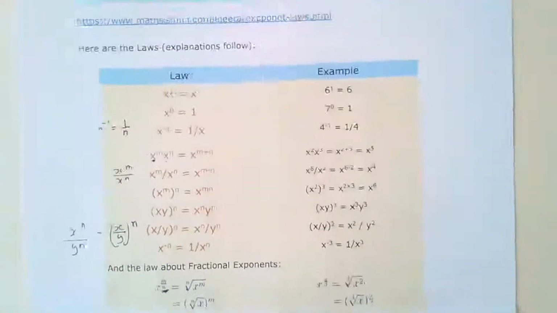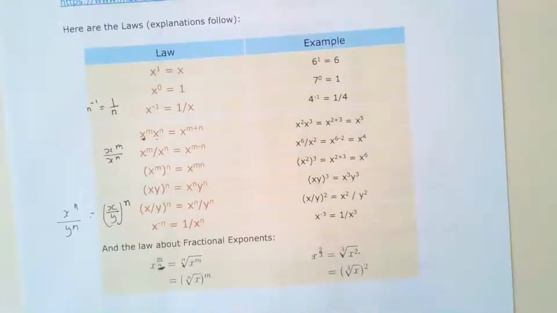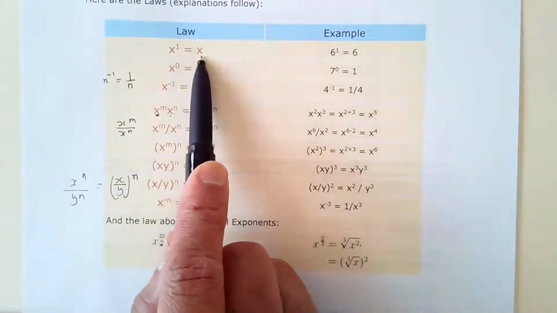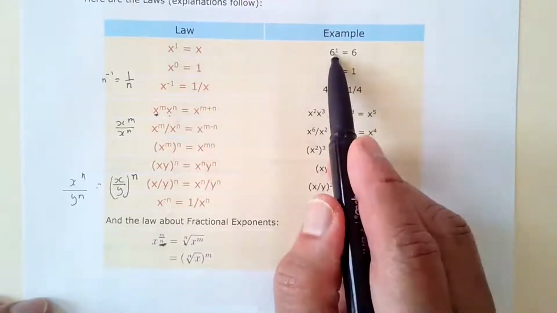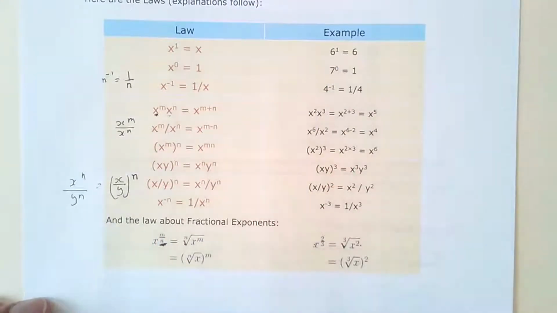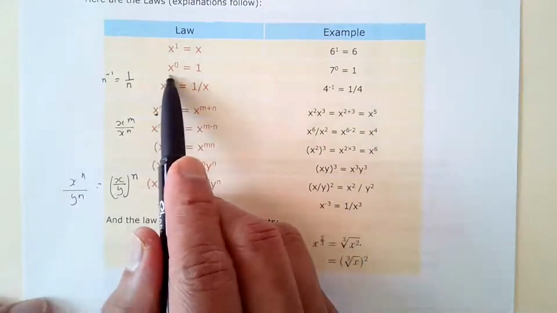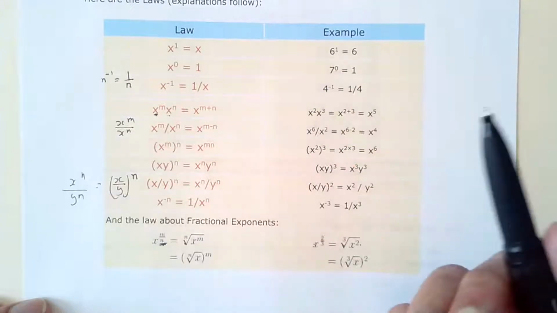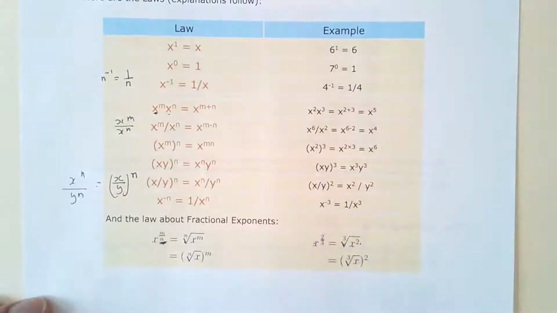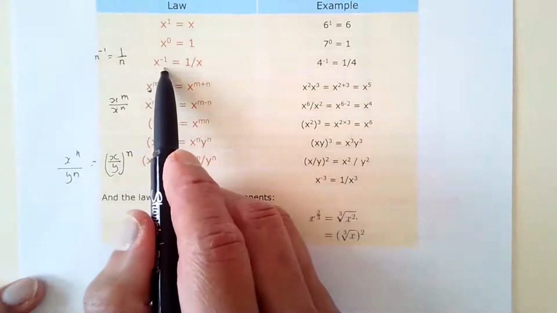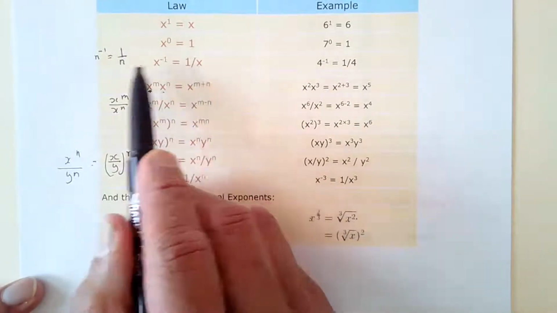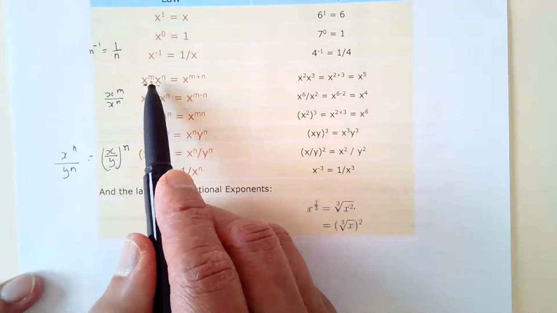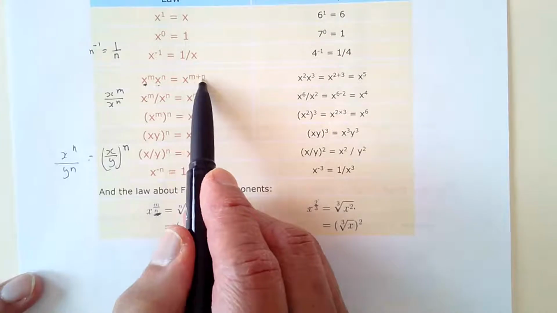Just to review the laws of exponents before we go into some examples. x to the power 1 is x. For example, 6 to the power 1 is 6. x to the power 0 is 1. 7 to the power 0 or 6 to the power 0, except for 0, it's 1. x to the negative 1 means 1 over x, the reciprocal. x to the n times x to the m gives me x to the m plus n.